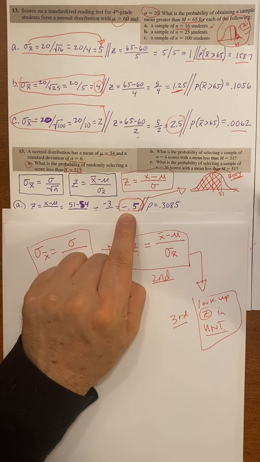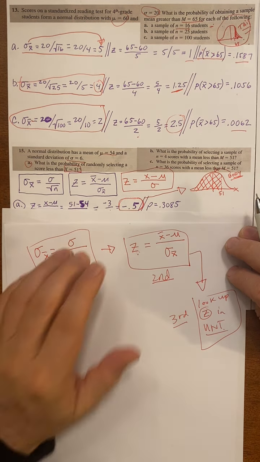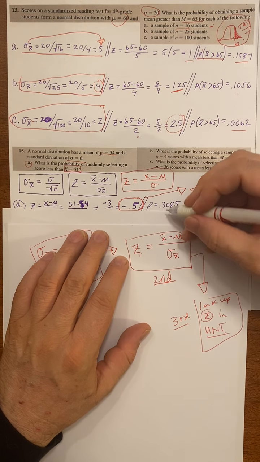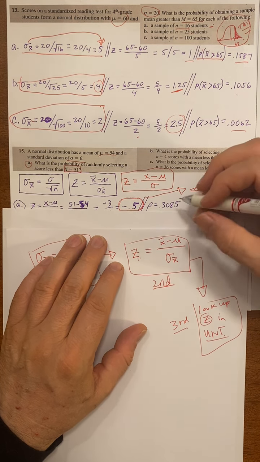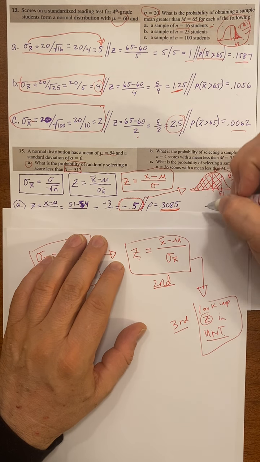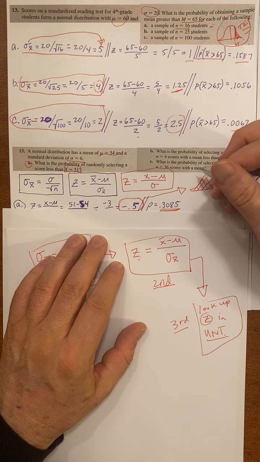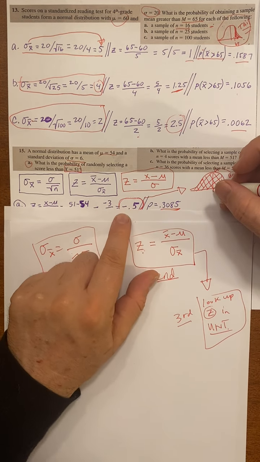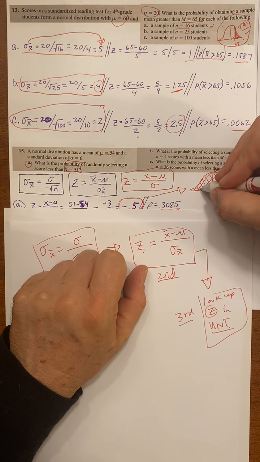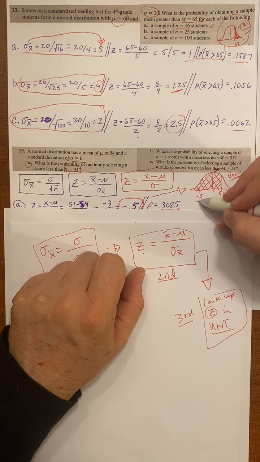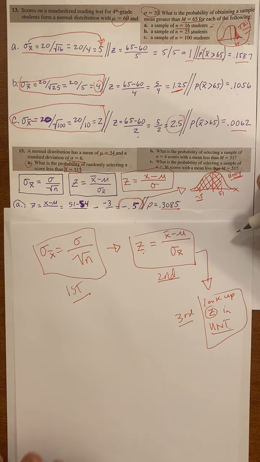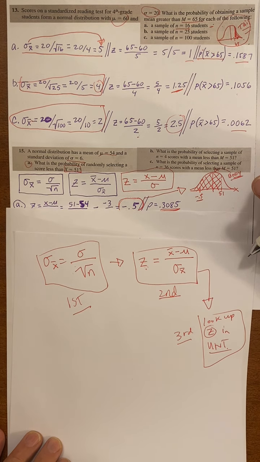That's the body of the curve, and that's why we have this value of 0.3085. By the way, I'm also noticing that that -0.5 is somewhere below the mean, which is interesting.